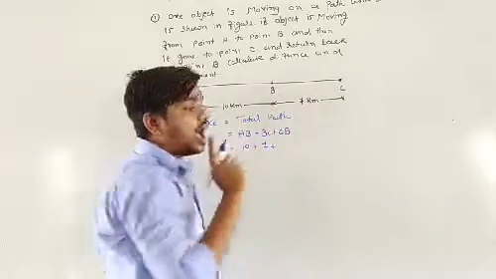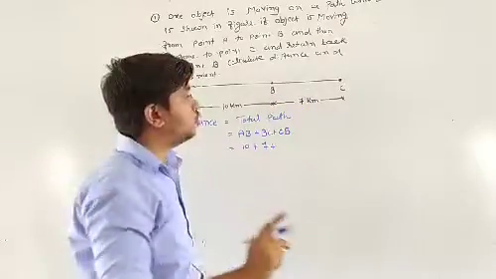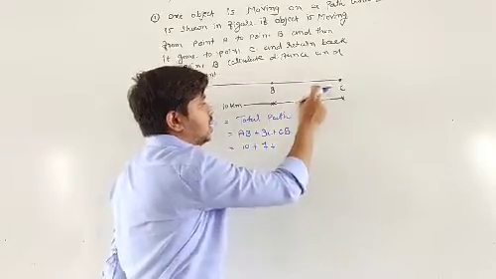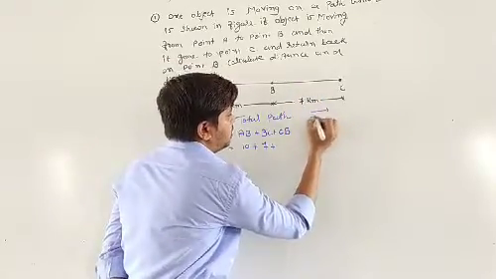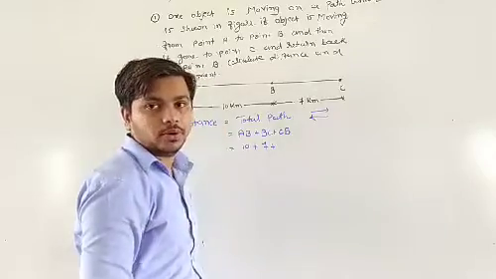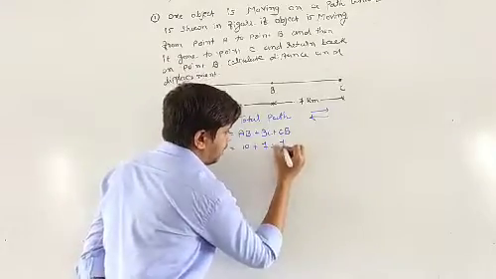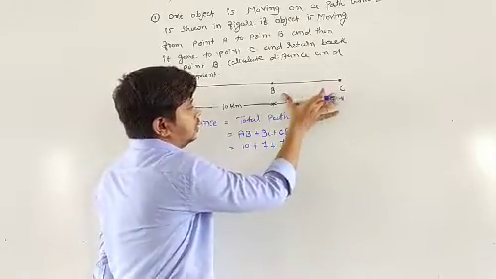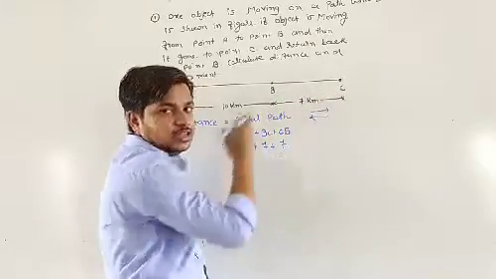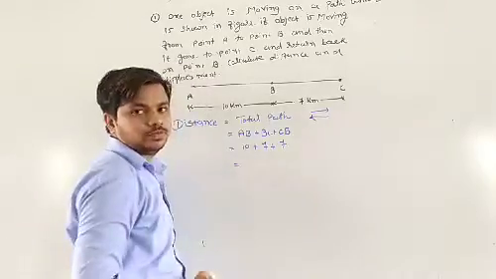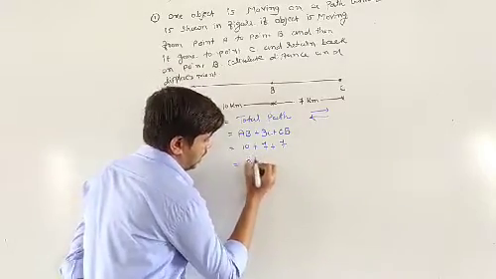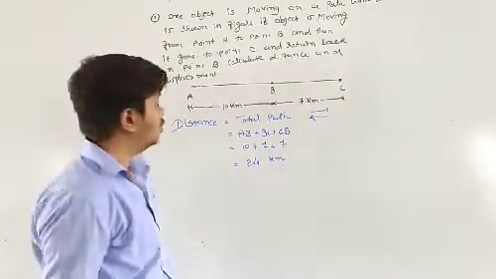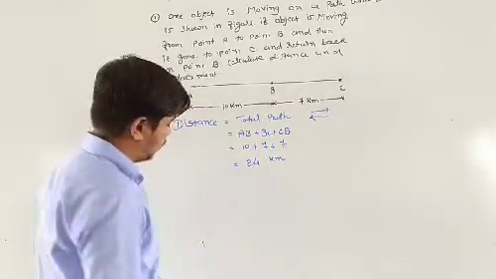It returns back, but we don't care about the direction. You only take the distance, which is 7. B to C is 7 and C to B is 7. So what is the total value? 24. So the total distance is 24 kilometers.